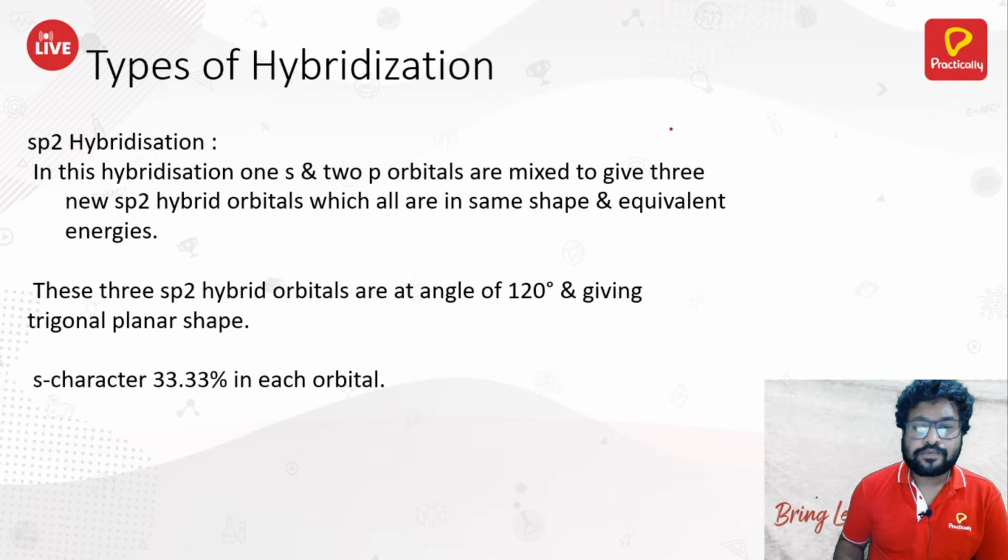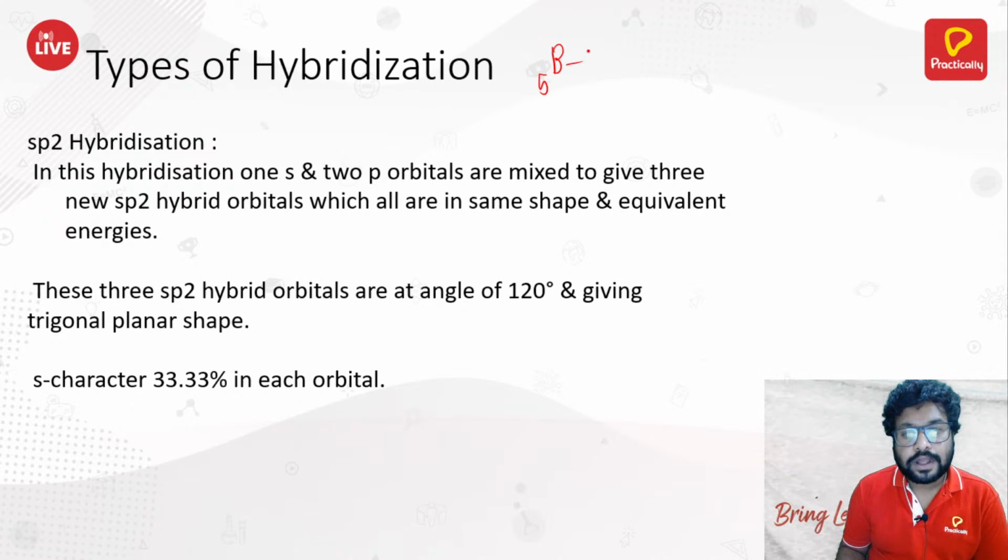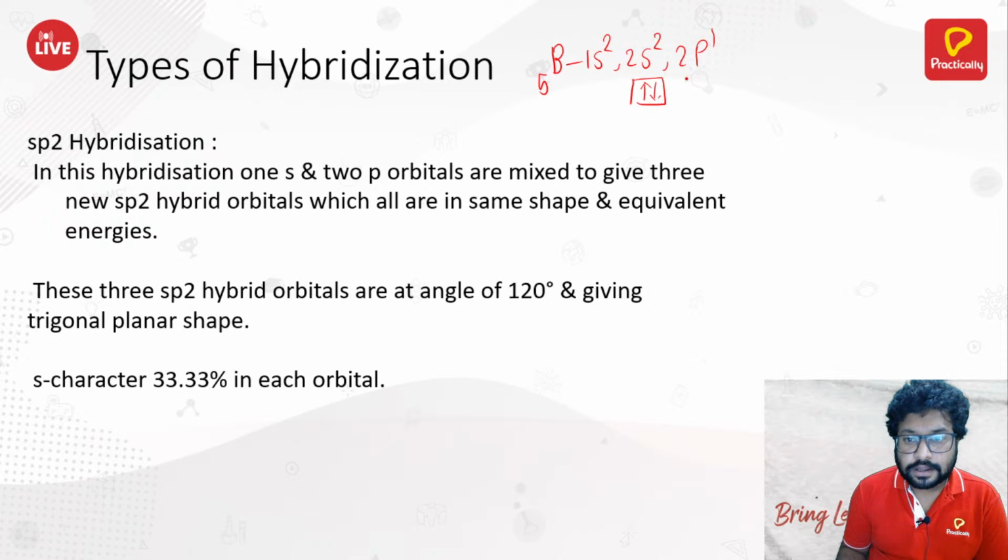For example, let's take the example of boron. Atomic number of boron is 5, electronic configuration is 1s2, 2s2, 2p1. You got two electrons here, one electron here. Ground state. What happens in excited state? Electron from 2s gets promoted to 2p.